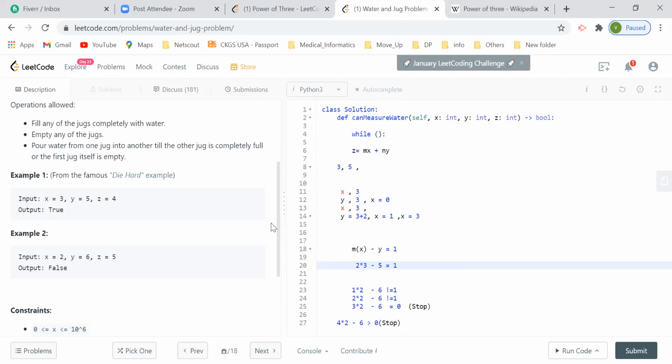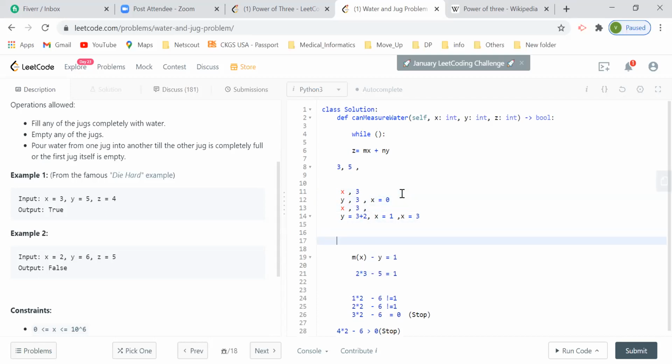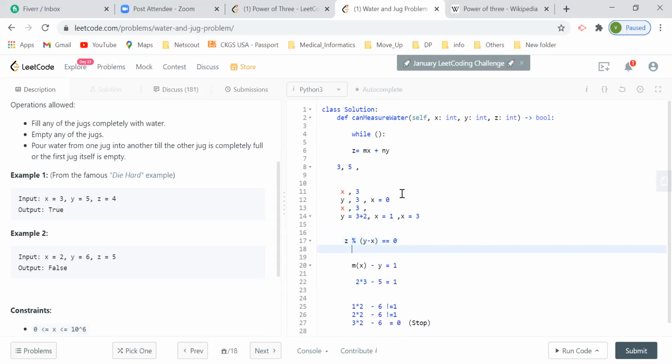Okay. I see what you're saying, right? Y minus X, right? So Z mod Y minus X is equal to 0, then we will be able to measure anything, right? That's what you're trying to say. Yeah.